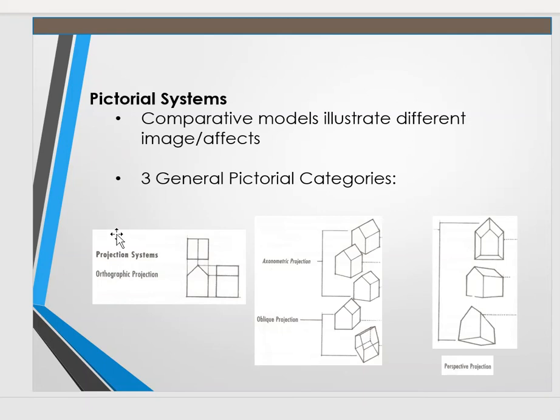There's also when you take these images and you slightly tilt them to create a more three-dimensional look. So as you can see, we have 3 different types of ways we draw. We use the projection system for orthographic projection for these multi-view drawings. Then we do something called axonometric projection and oblique projection. So we're going to talk a little bit about that right now.